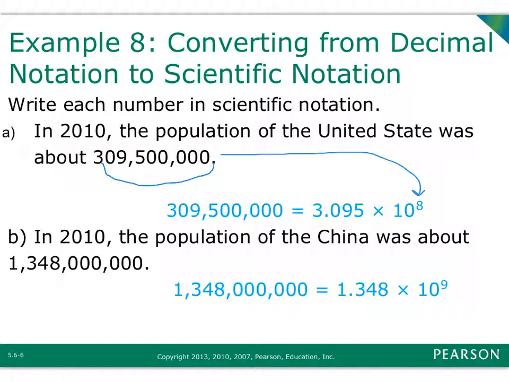So we can write that by moving the decimal point from here over to here and count the number of spaces that we had to move. 1, 2, 3, 4, 5, 6, 7, 8, 9. Notice that 9 is our exponent in base 10. 1.348 times 10 to the 9th power.